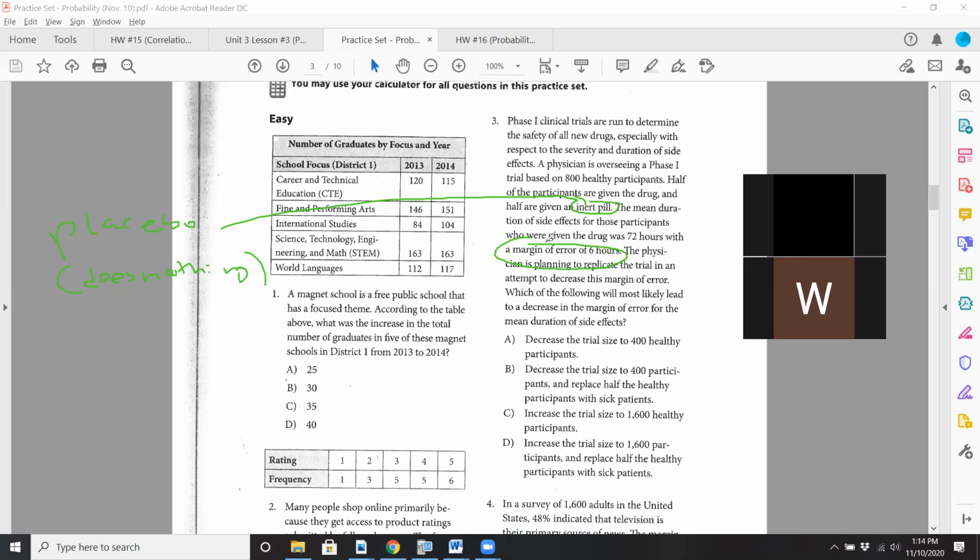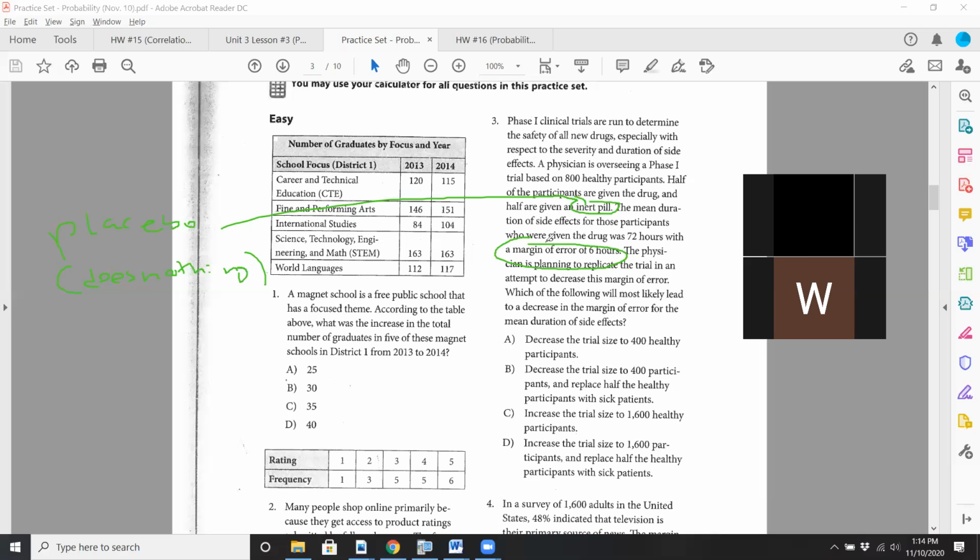So Zach, what do you think we would have to do to decrease the margin of error, to make our results more reliable? Should we have more people participate, or fewer people participate in the study? I don't think I understand what the margin of error for 6 hours is.